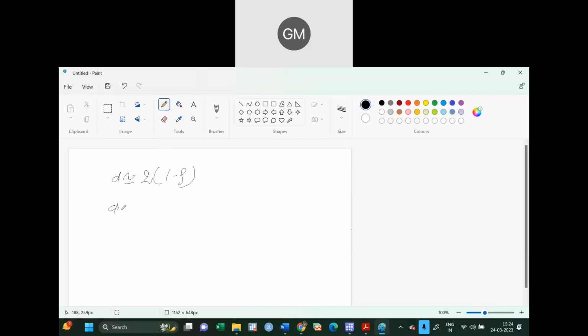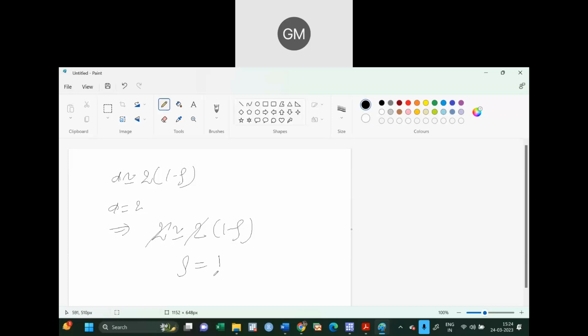So if D is close to 2, it means 2 times 1 minus rho captures the serial correlation, 2 cancels out. So rho is equal to 1.